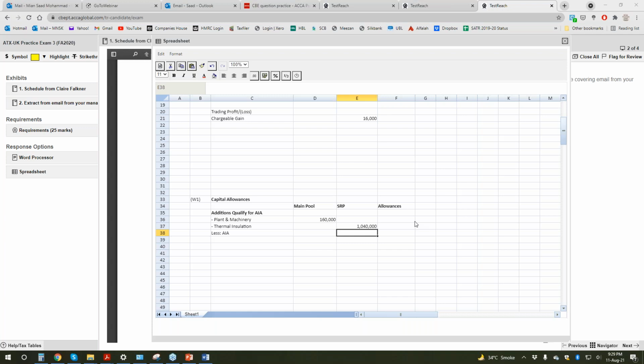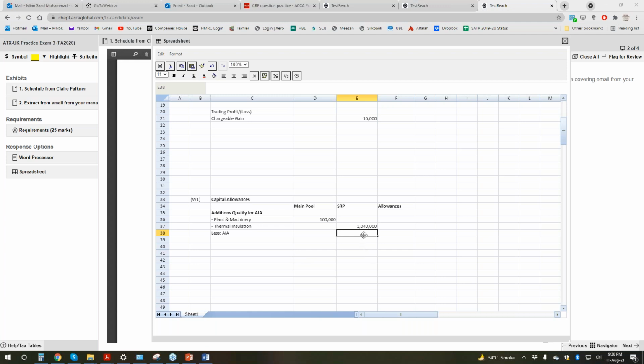Because SRP assets will get the lower depreciation. So I want quick depreciation by giving them the AIA. Main pool assets will be depreciated much more quickly because they get 18% depreciation, whereas SRP assets only get 6% depreciation. So it's always better to give AIA to assets that depreciate slowly.